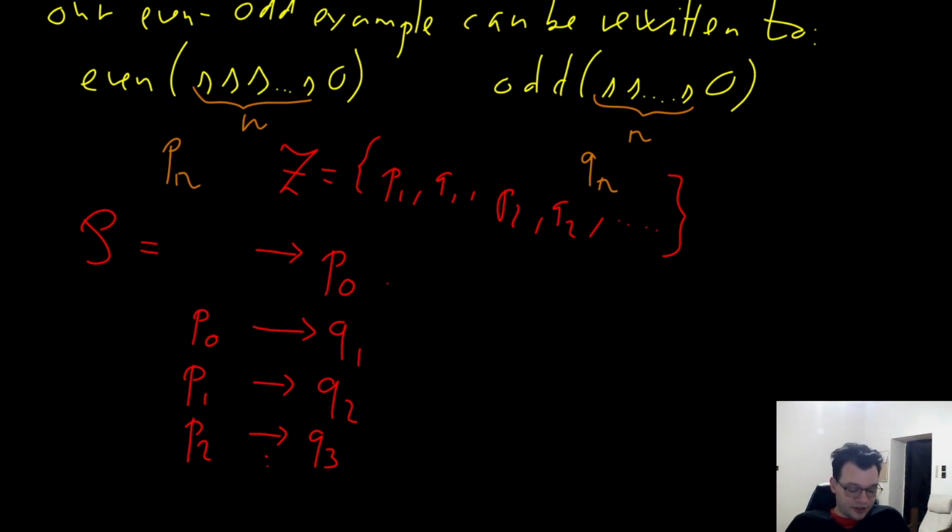And from the second clause, I will get something that Q0 implies P1. Odd 0 implies even S of 0. That's what's written here, but it's more compact in this way. So it's Q1 implies P2, Q2 implies P3, and so on.